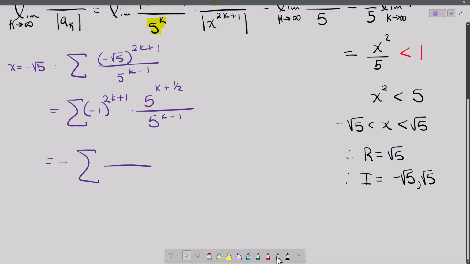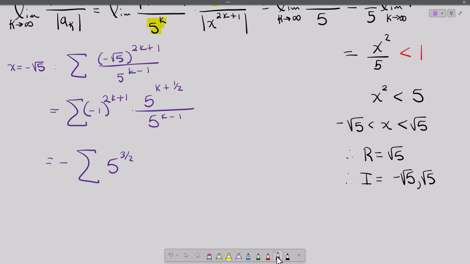So now we're going to do what we just did a minute ago, the upper exponent minus the lower exponent. So the k minus k cancels, and you have 1/2 minus minus 1, that's 1/2 plus 1, that's 5 to the 3/2. So this is no longer a fraction, we just have a 5 to the 3/2 here. All right, the k's are gone.